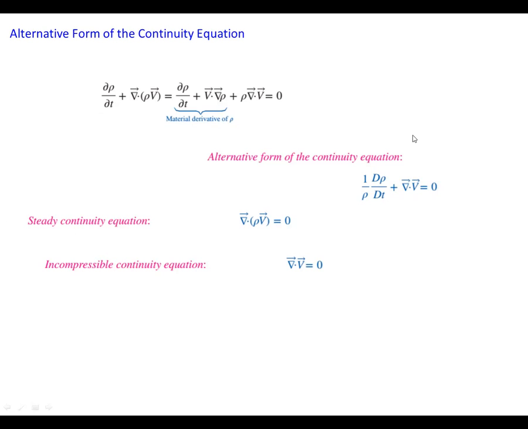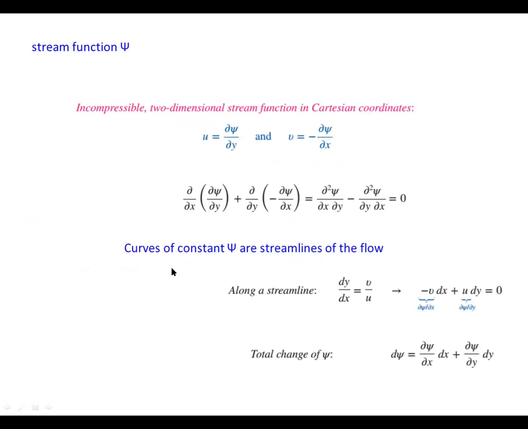For an incompressible fluid, rho is a constant, so the divergence of the velocity vector equals 0. That is the steady incompressible continuity equation, del dot v equal to 0, where the density term is removed because rho is constant.